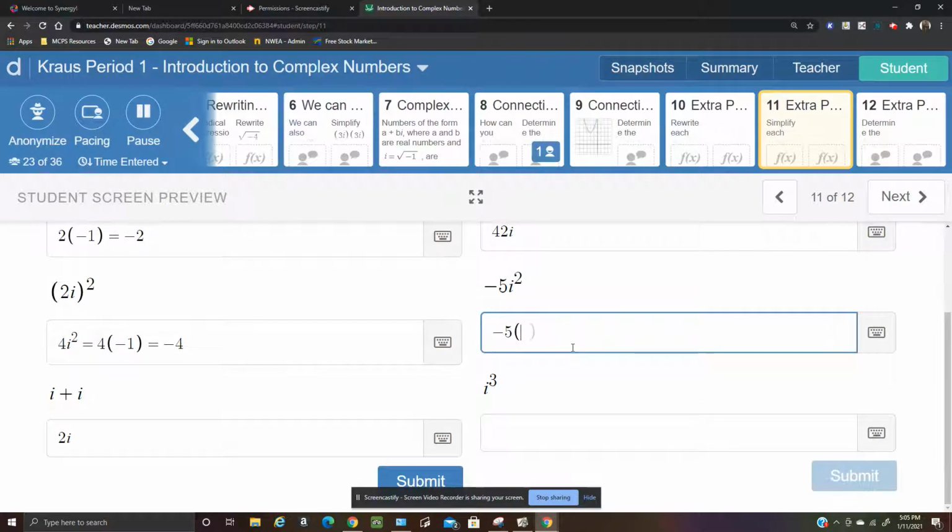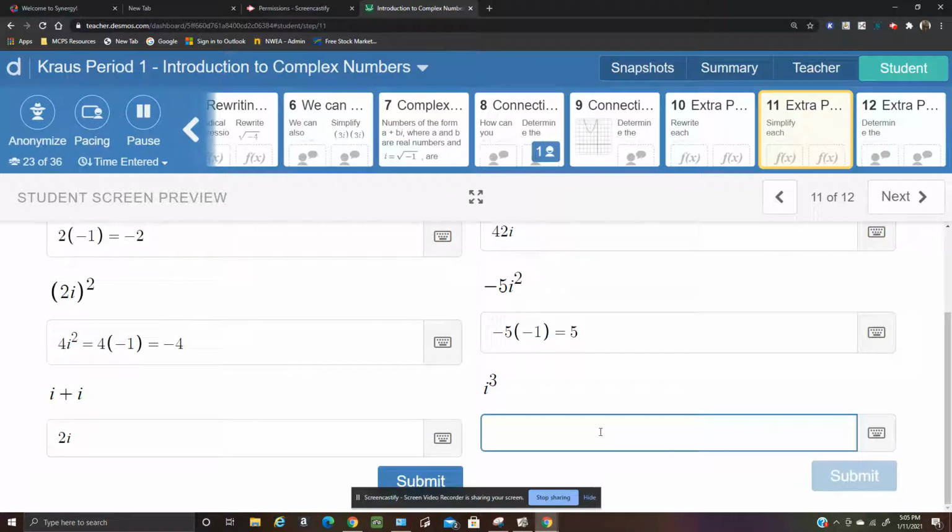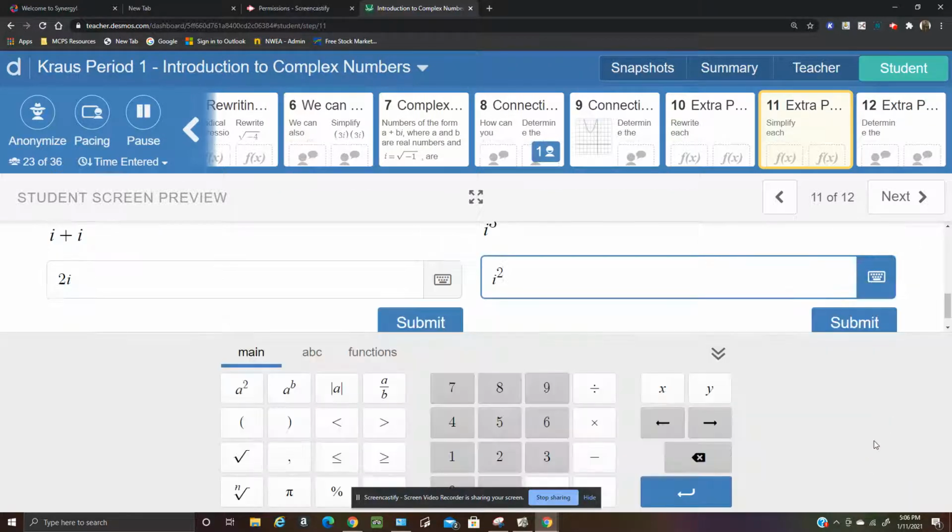Negative 5 times negative 1, it's 5. And i cubed, you can change that to i squared times i. And substituting a negative 1 for i squared, you get negative i.